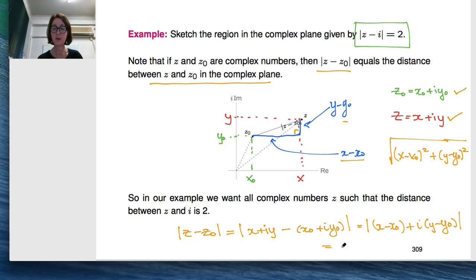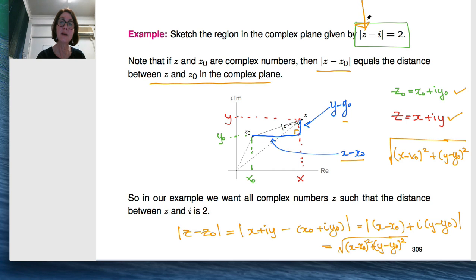If you work out the modulus, that's just the square root of (x minus x naught) squared plus (y minus y naught) squared. And so the expressions are just the same. So the modulus of z minus z naught represents the distance from z to z naught.